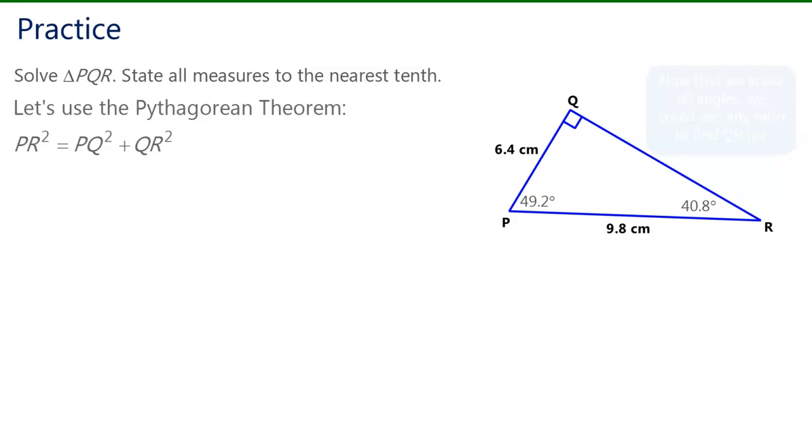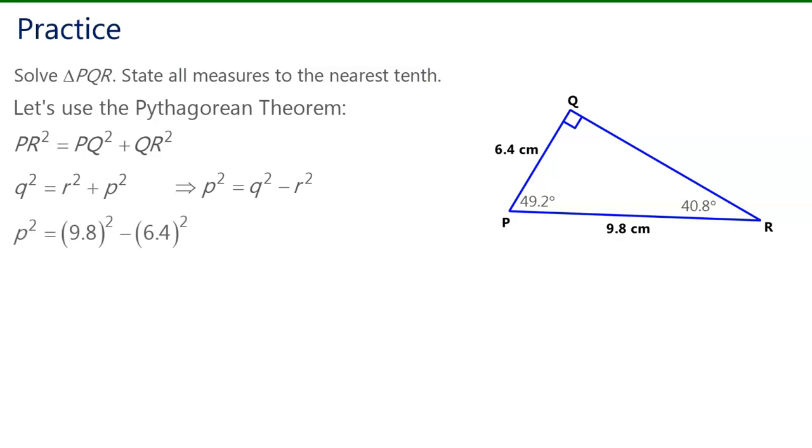But let's use the Pythagorean theorem. PR squared equals PQ squared plus QR squared. In other words, little q squared equals little r squared plus little p squared. We can manipulate this to solve for little p squared, and p squared equals q squared subtract r squared.